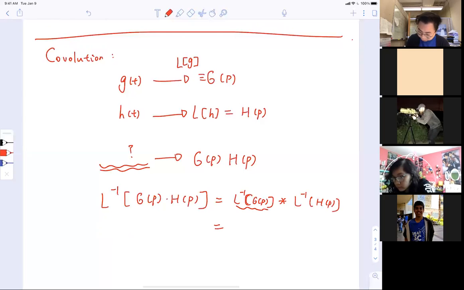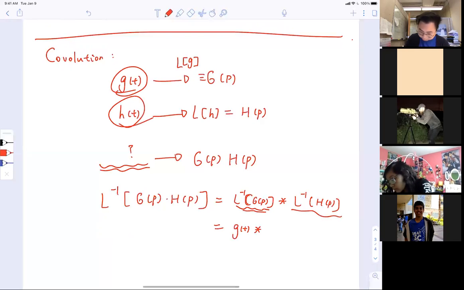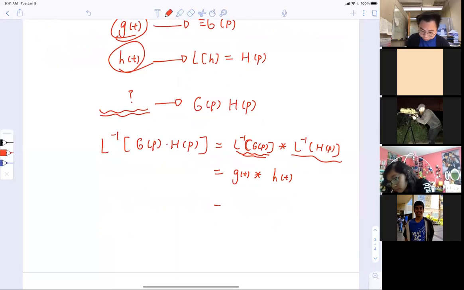We know that this guy is nothing but small g, convoluted with this guy, which is nothing but h(t). And the definition of the convolution is the integration from 0 to t of g(t minus tau) h(tau) d tau, right?